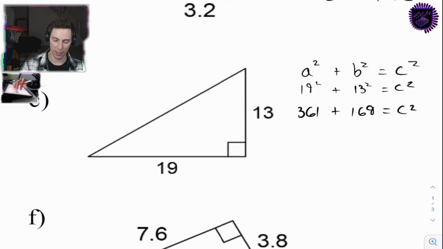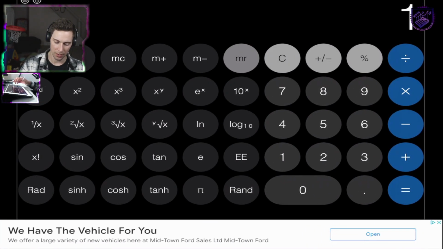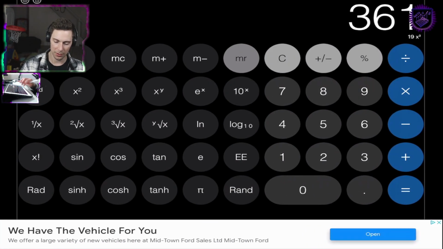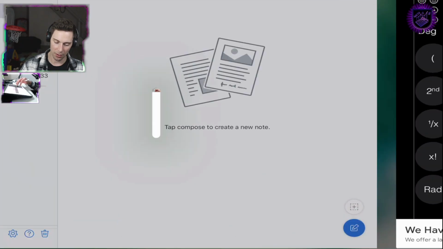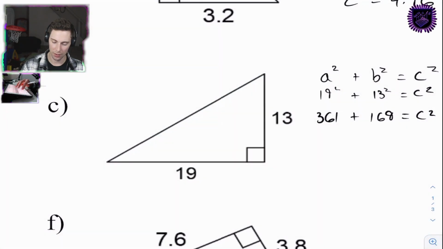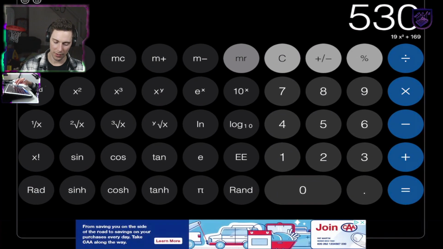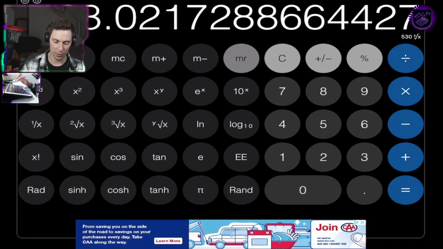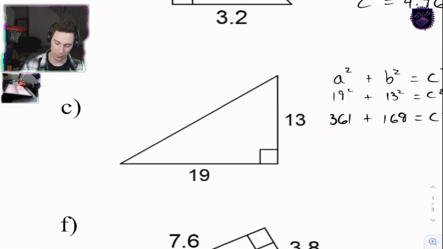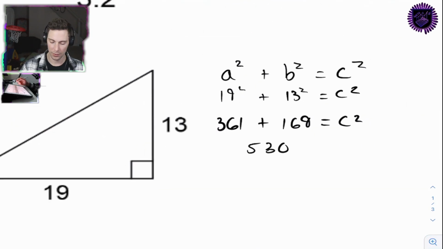I'm just going to check my 19 squared. 19 squared, 361, okay. 361 plus 169 equals 530, which is equal to c squared.